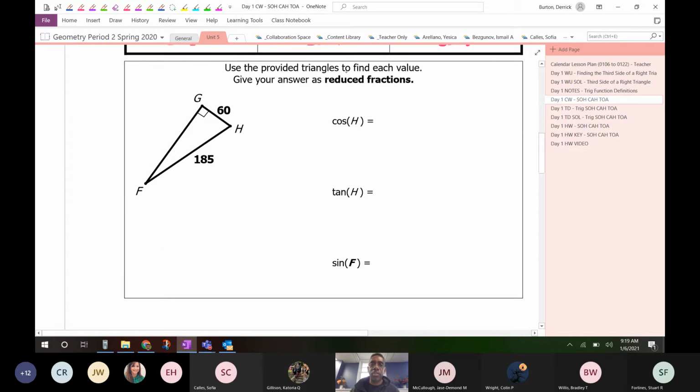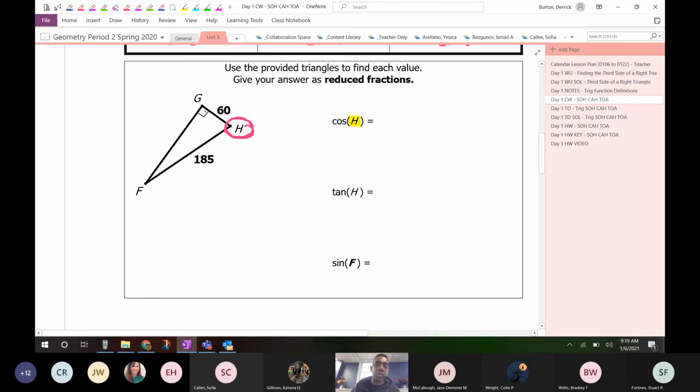Use the provided triangles to find the value of each. Give your answer as reduced fractions. You have to pay attention to the angle that they put on the inside of the trig function. In this case, it's cosine of angle H, so you should start by circling the H. Let's label everything.